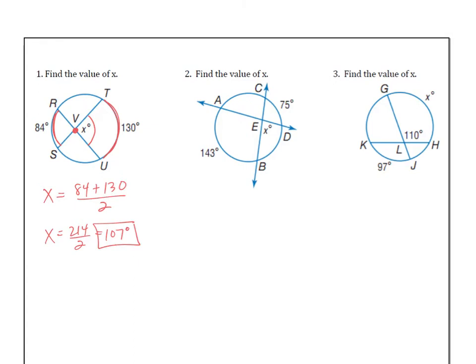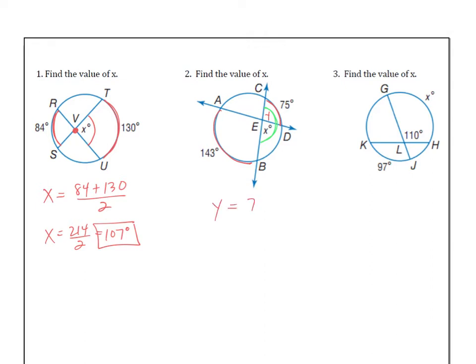Let's try number 2. For x, it's not exactly in the same spot as before. What if I put a y right there? Could I find the measure of y? The answer is yes. I could add these two arcs and divide by 2 to get y. And then once I know y, remember here we have a linear pair and they add up to 180. So we're going to start by finding y.